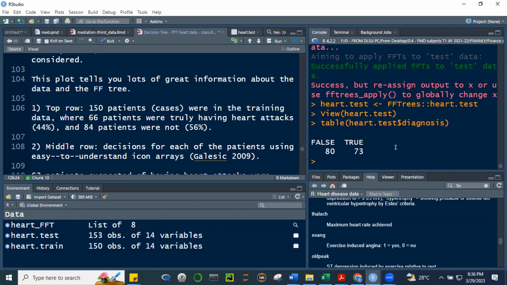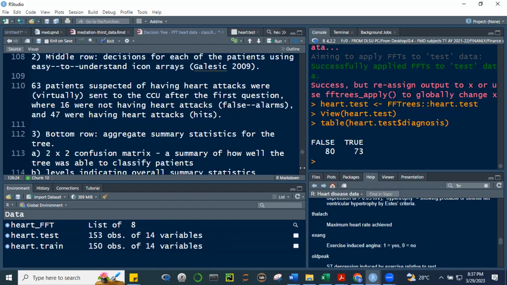Okay, here, 153 respondents. 80 were diagnosed as no heart disease, while 73 were diagnosed as having heart disease in this sample.